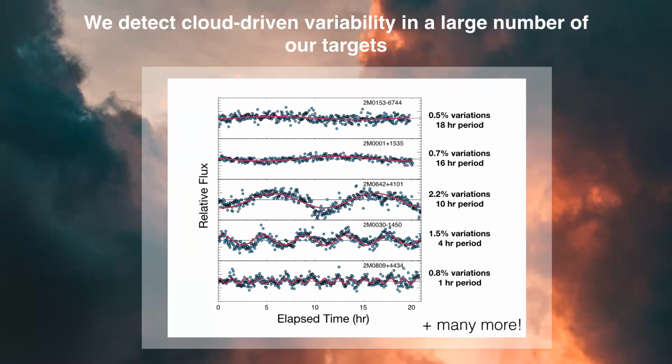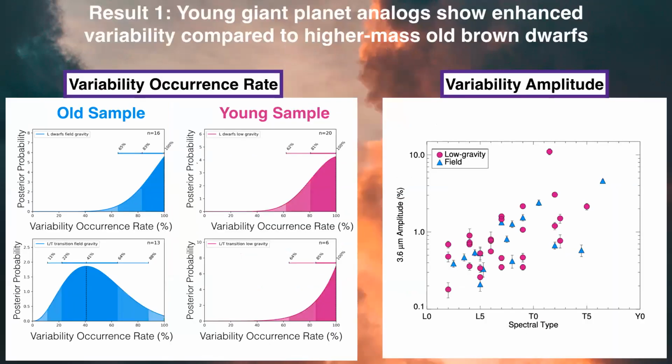And by comparing our new measurements with the rich literature of brown dwarf variability studies to date, we were able to compare the young and old samples to try and find some interesting results. The first result I'll highlight is that we found evidence that the young giant planet analogs show enhanced variability compared to higher mass field brown dwarfs.